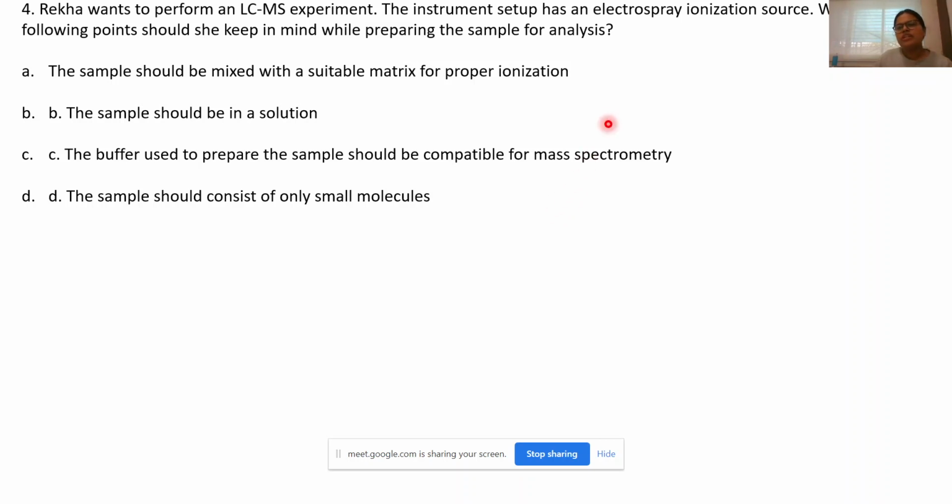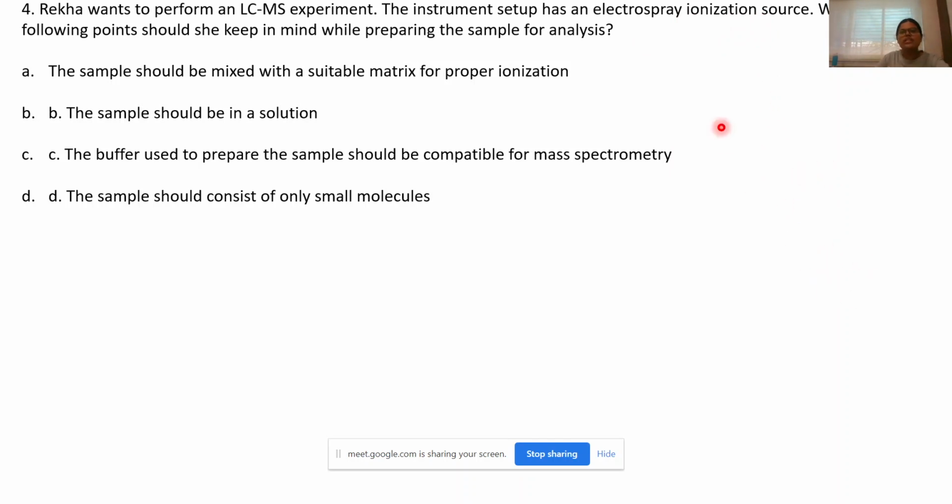Generally, different ionization techniques like chemical ionization, electron spray ionization, and various hard ionization techniques are used for providing the charge to your compounds. In the case of electron spray ionization, this is the ionization source. It provides the charge to the compounds of your interest.